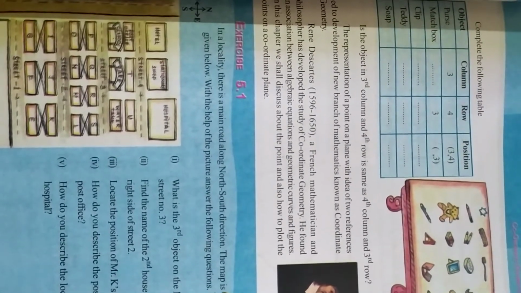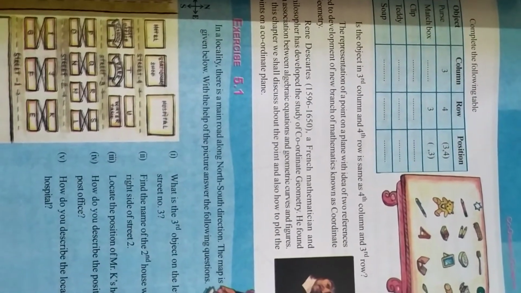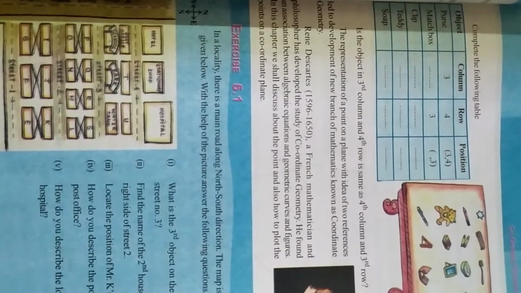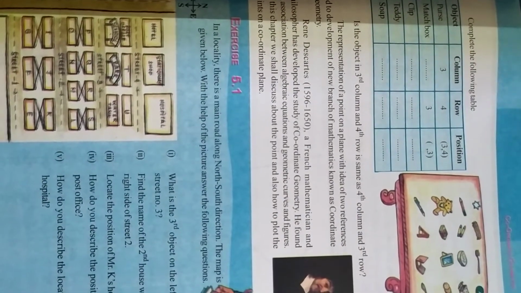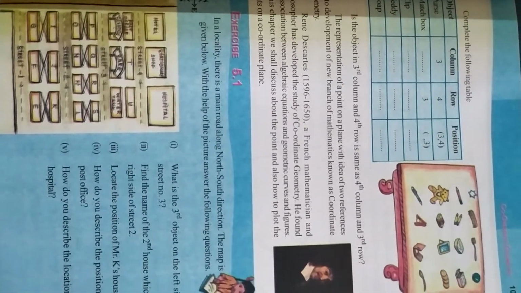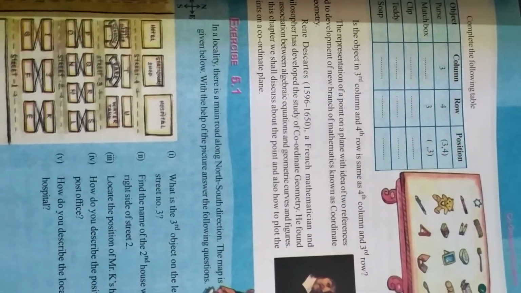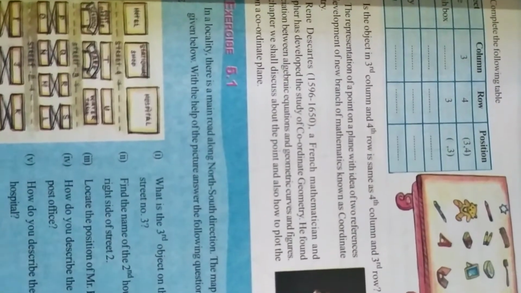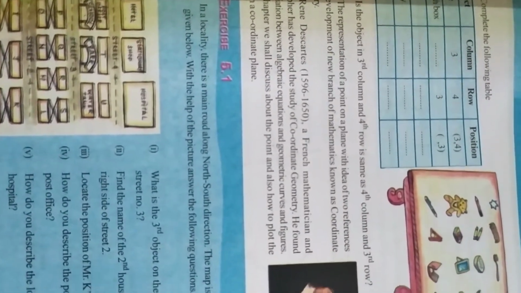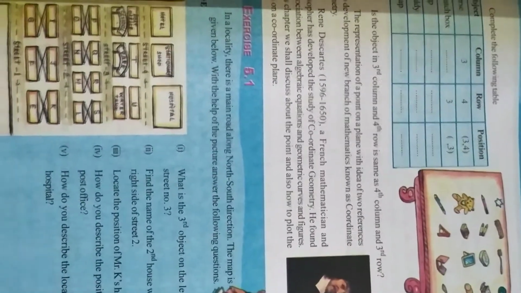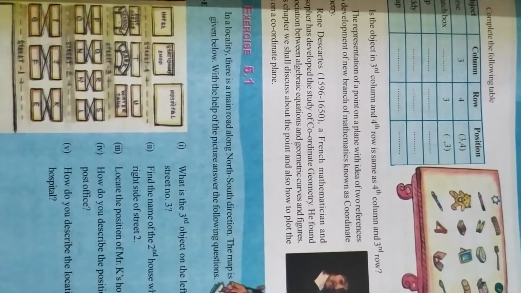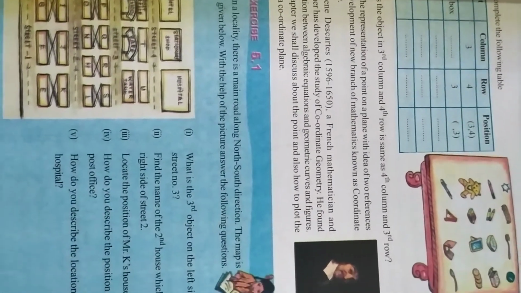He found an association between algebraic equations and geometric curves and figures. In this chapter we shall discuss points and also how to plot points on a coordinate plane. This is about your exercise 5.1 and the overview of chapter 5.